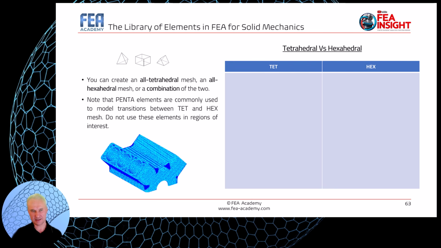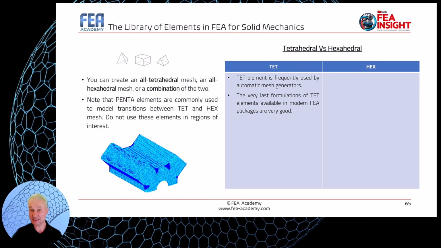Now let's discuss the differences, advantages and disadvantages of the tet and the hex elements. The tet element is frequently used by the automatic mesh generators, which generally manage these elements very well and are capable of meshing a complete solid very easily and very fast.